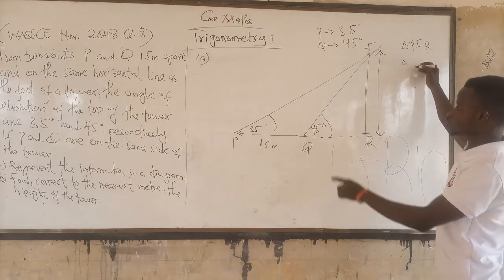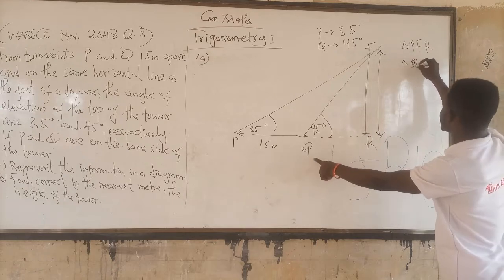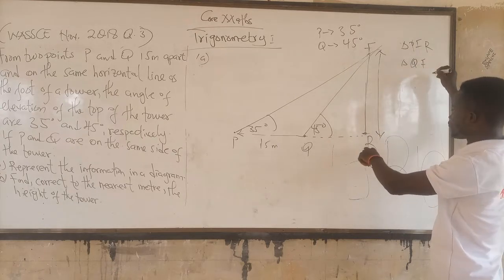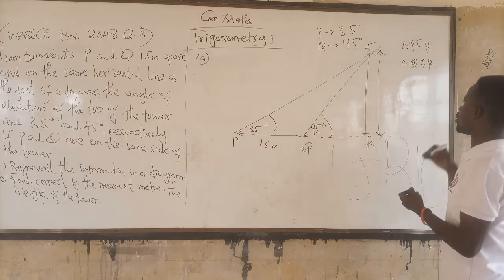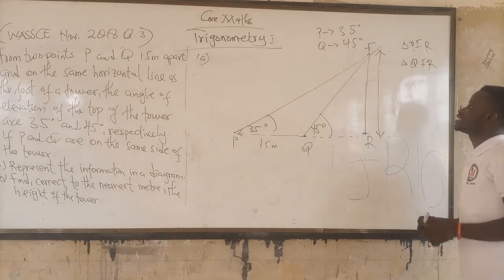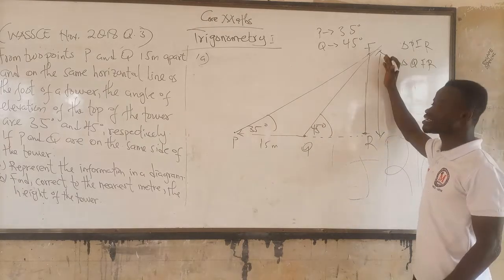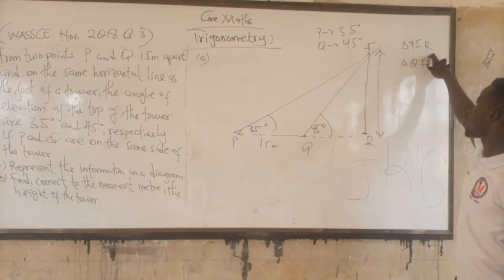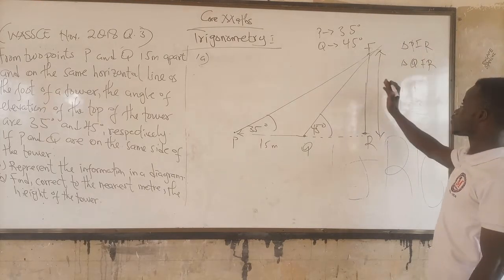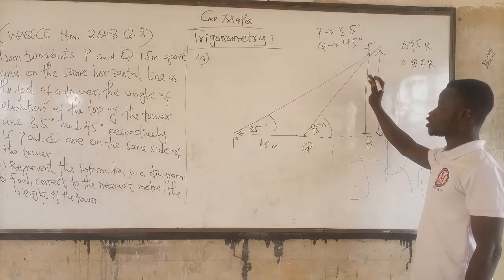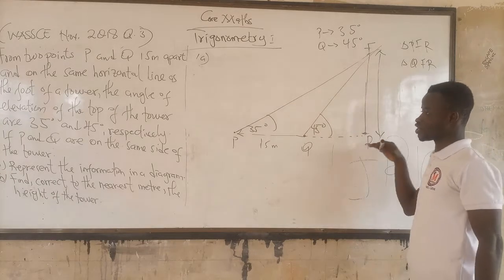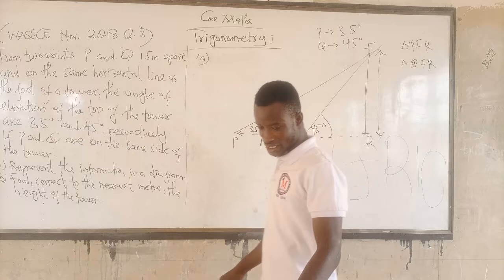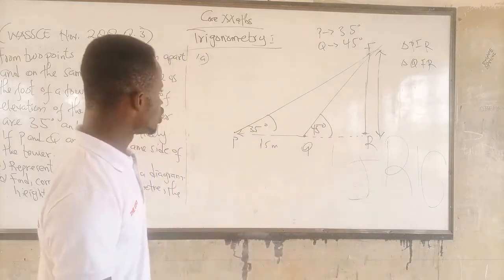The other is triangle QFR. But they are all sharing the same height. Whether triangle PFR or QFR, they will share the same height, but different hypotenuse and the adjacent.